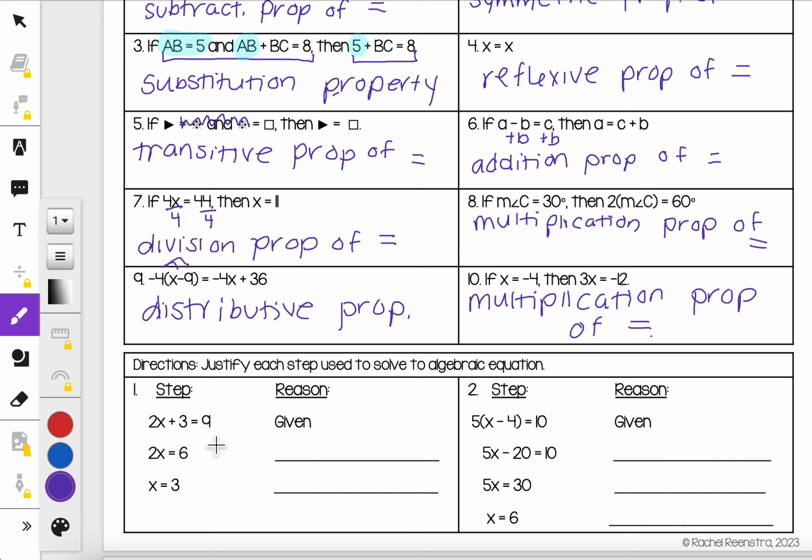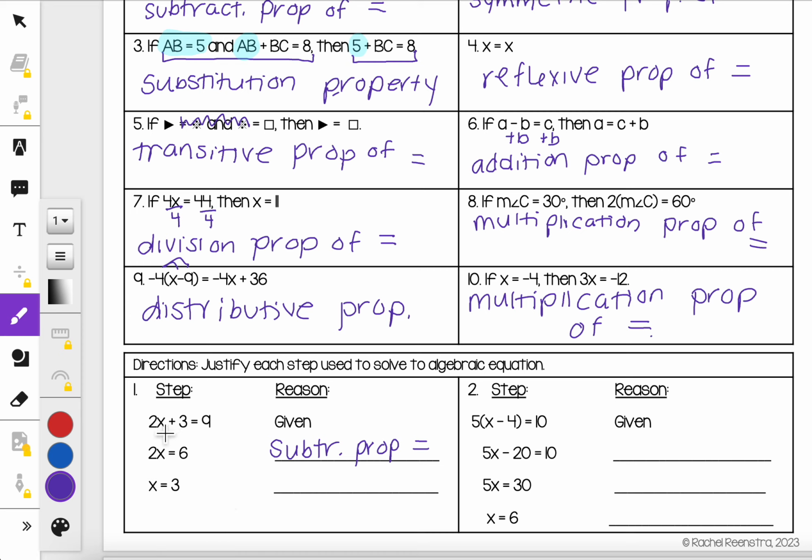The next step in solving my equation would be 2x equals 6. So how did I get from 2x plus 3 equals 9 to 2x equals 6? I subtracted 3 from both sides. So this is my subtraction property of equality.